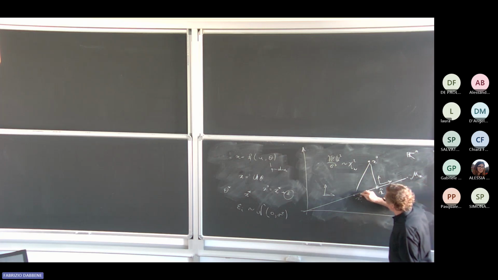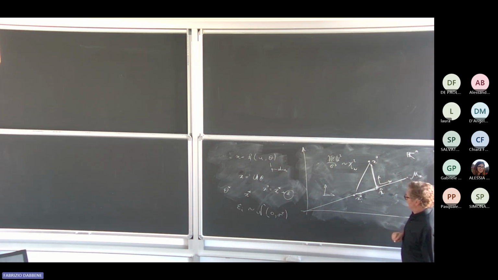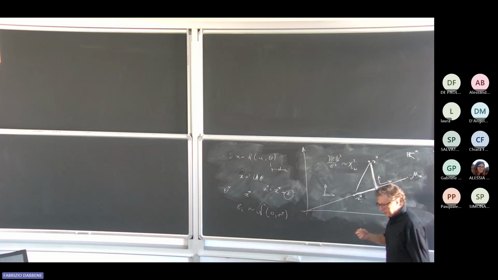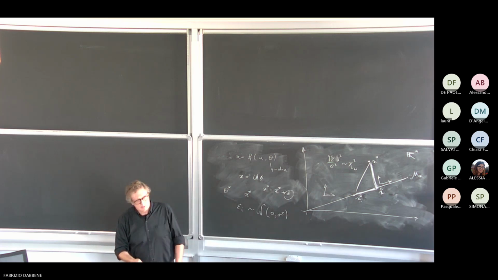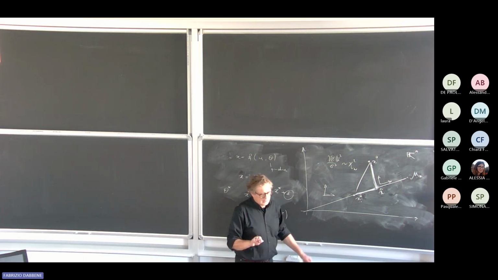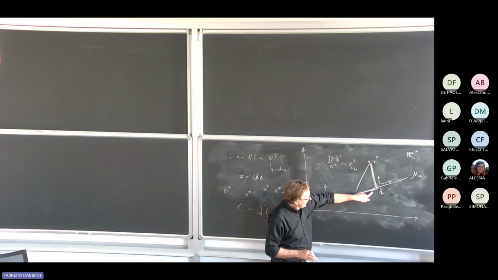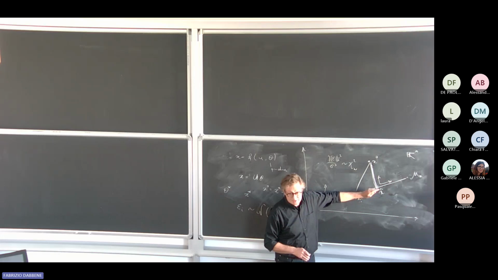So now I can express these two parts: one aligned along the model and one perpendicular to the model. And the one aligned along the model is the sum of n components, distributed how? Well, this part has non-zero components only in this direction.